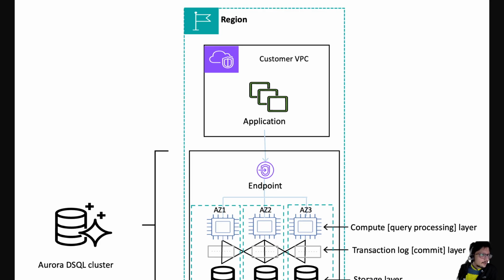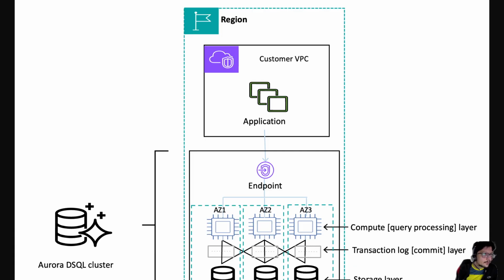This is a single cluster architecture that I'm showing you, but if it is a multi-cluster architecture, then it's going to behave like this. Let's understand the components of this particular brain of Aurora DSQL.